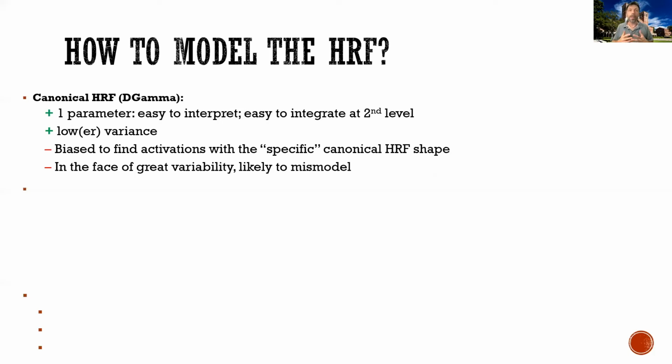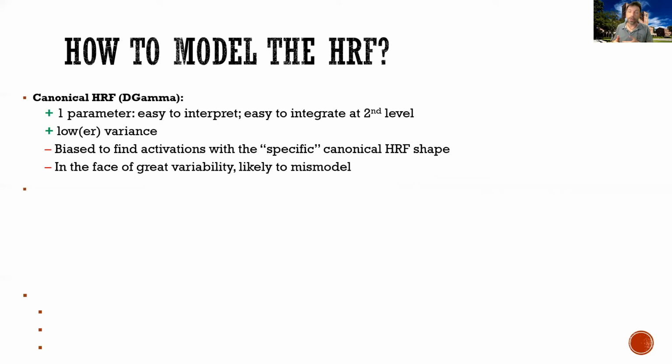On top of it, because we're imposing a certain shape, because we're biased towards a certain shape, it typically results in less variance. However, we are biased to find activations that have the specific shape of our canonical HRF. If somebody, as I was saying earlier, happens to have a big amplitude of response, but in a different shape, it will look as if they don't have a strong response.